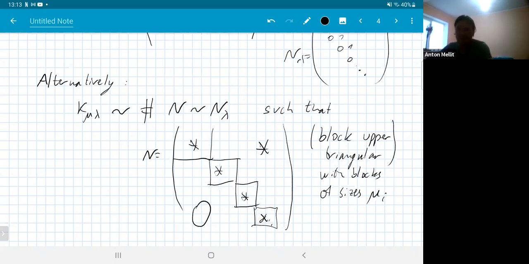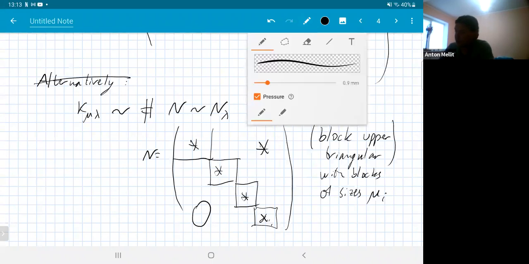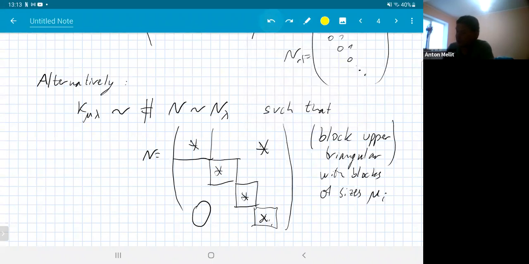You can rewrite this counting alternatively: you fix the flag to be the standard flag, and then you will be counting nilpotent matrices.